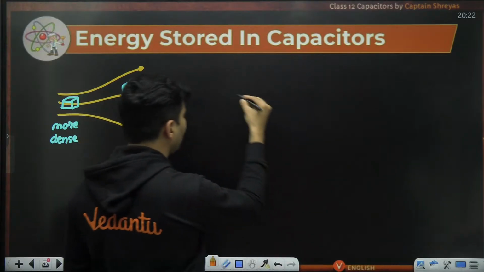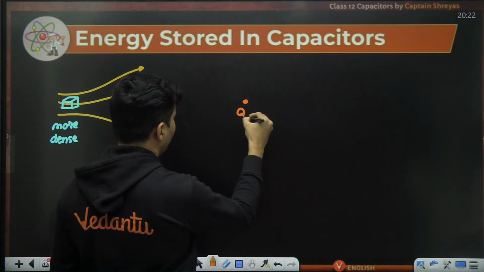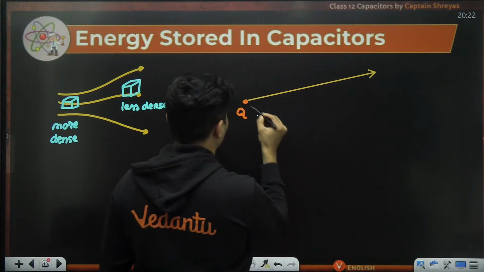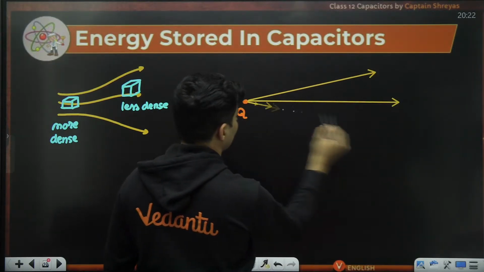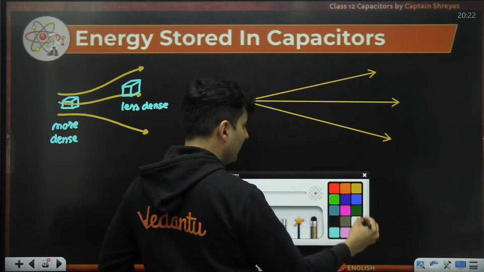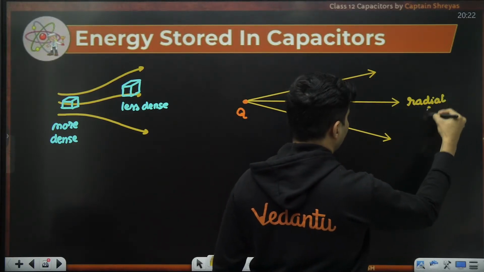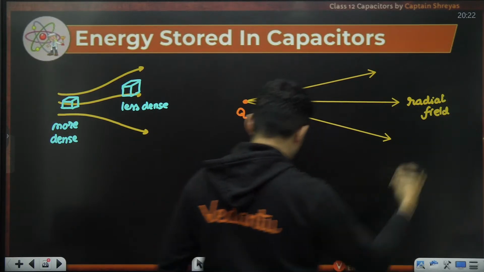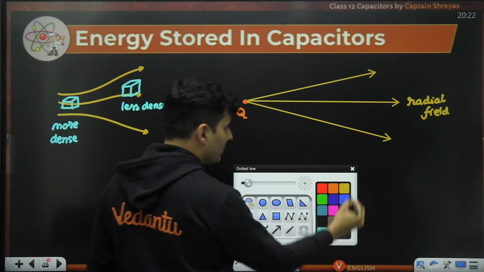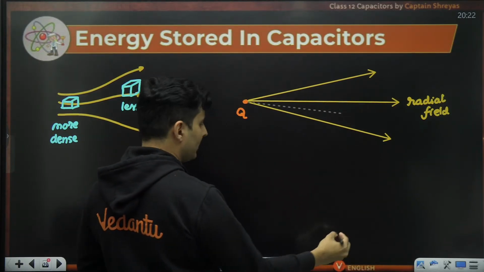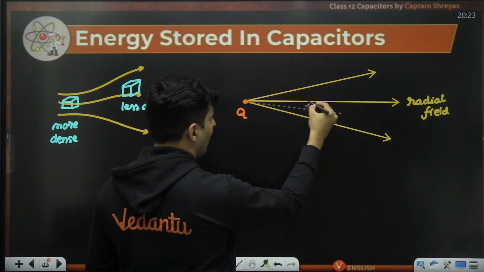In fact, if you take a point charge, I know the electric field due to it will be radially outwards like this. So you will get a radial electric field. And let's say somebody decides, okay, I'm at some particular distance r from it.